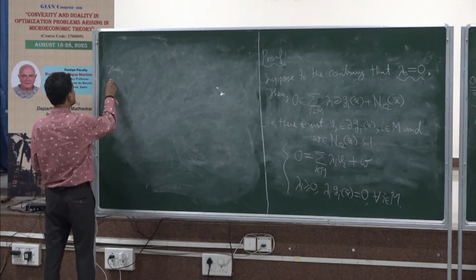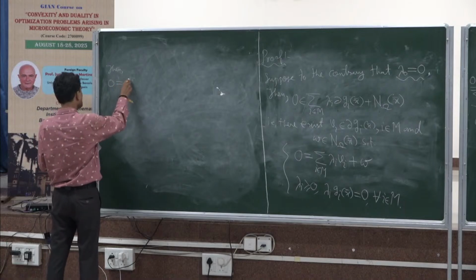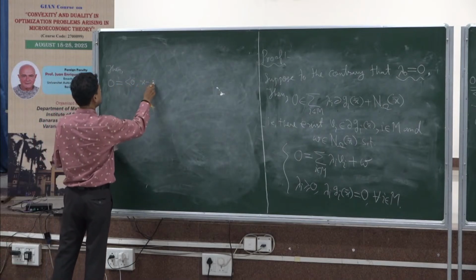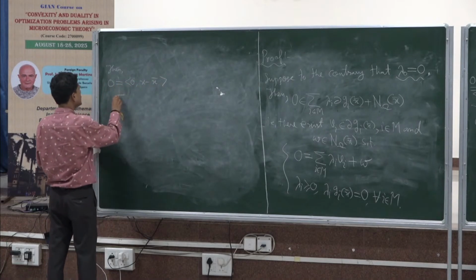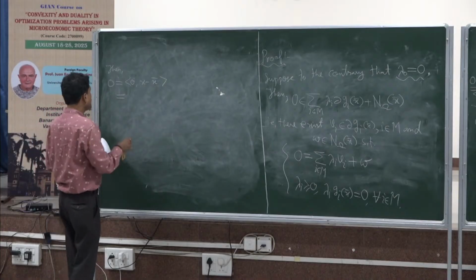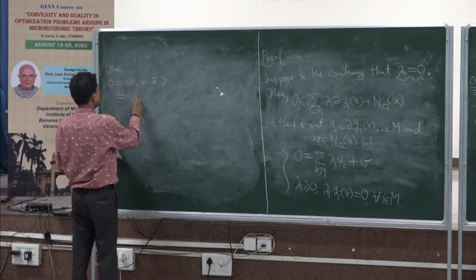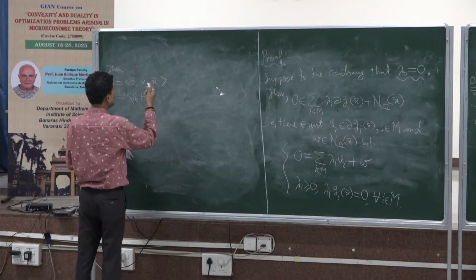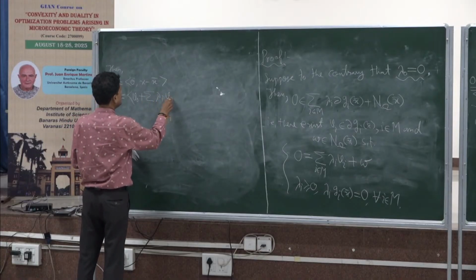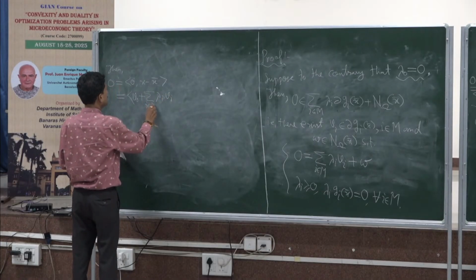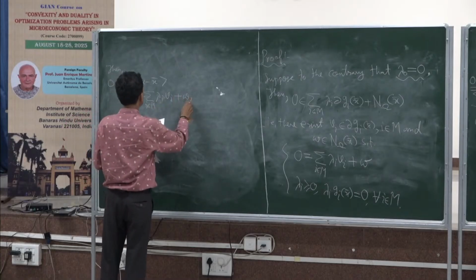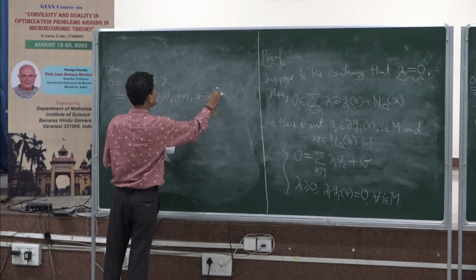Then we have this, again we can write 0 is equal to 0 times (x minus x bar), and in place of this 0 we can replace it by V naught plus summation lambda I Vi, I in M, and omega, times (x minus x bar).